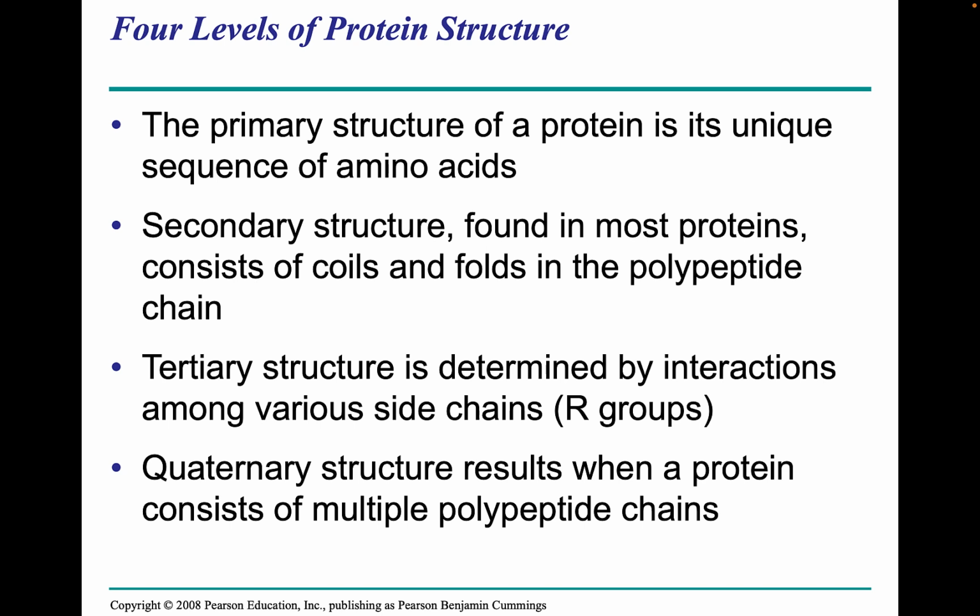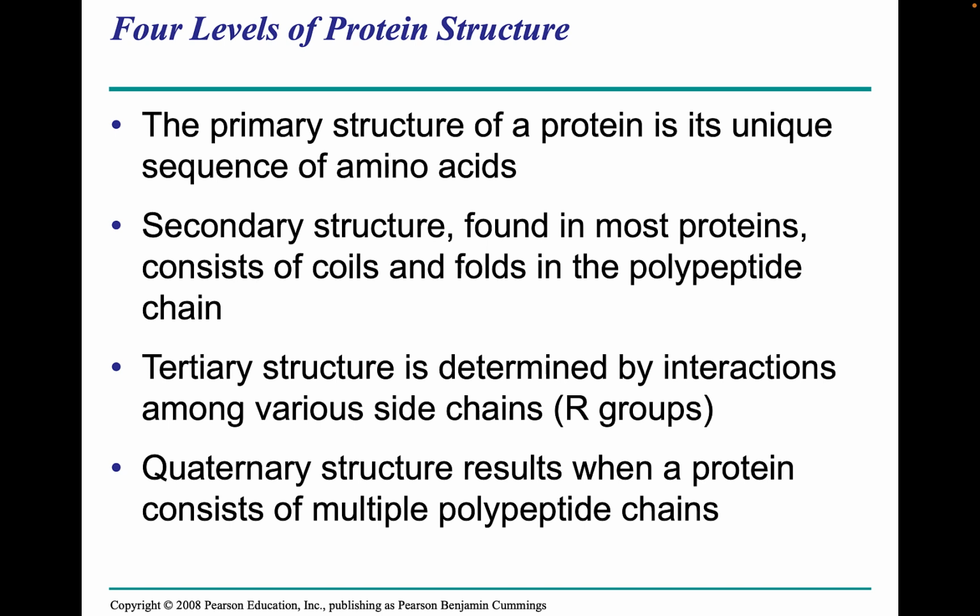Most proteins have segments of their polypeptide chains repeatedly coiled or folded. So it's not like they're just long chains of amino acids. The secondary structure is the coils and folding in the polypeptide chain.